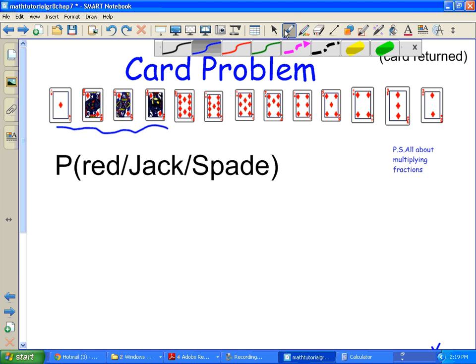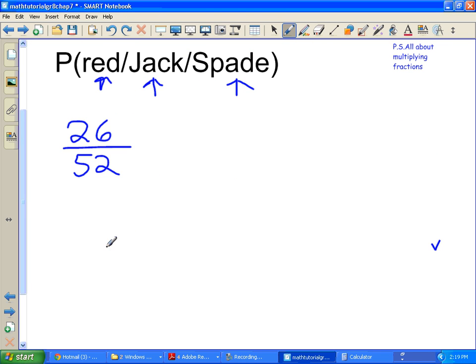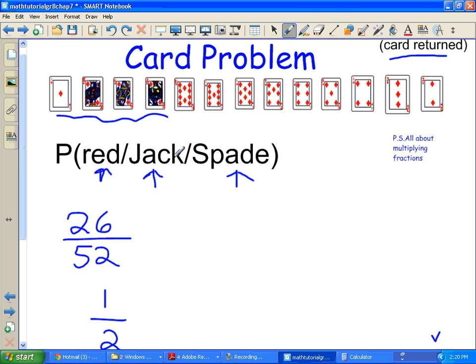So here's what we want. We want the probability of red, and then the probability that it will be a jack afterwards, and then the probability of drawing a spade. So we want all these three things to happen if we draw 3 cards and we return each card after we're done. Well, let's see. What's the chance of getting red out of all the cards? Well, 26 were red out of 52, which is the same fraction as 1/2. What's the chance of getting a jack?